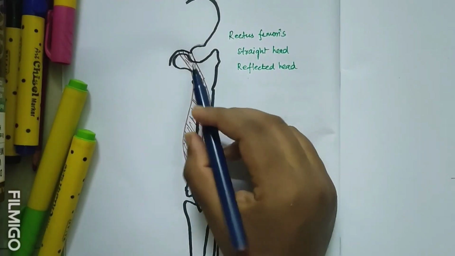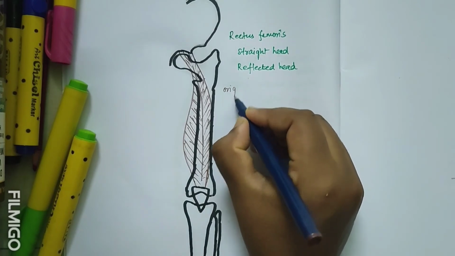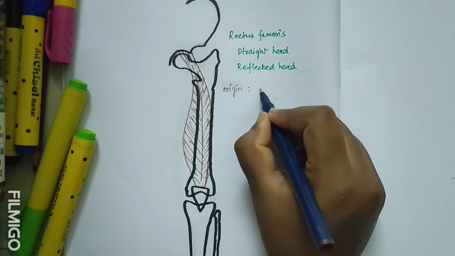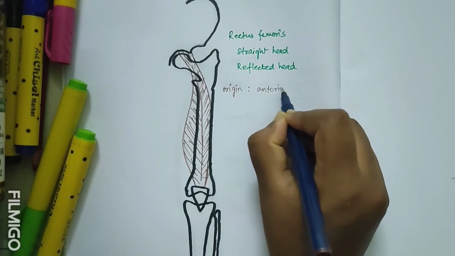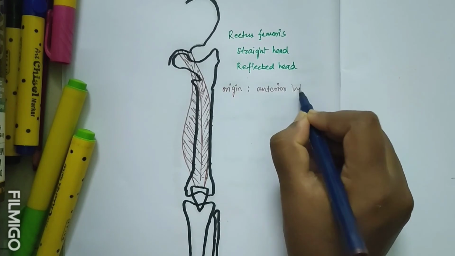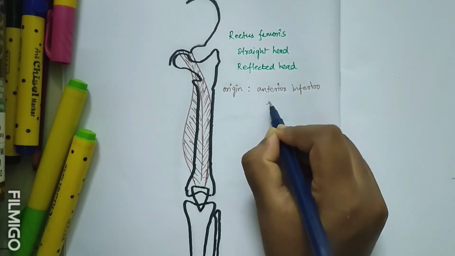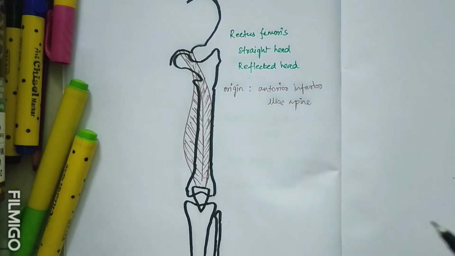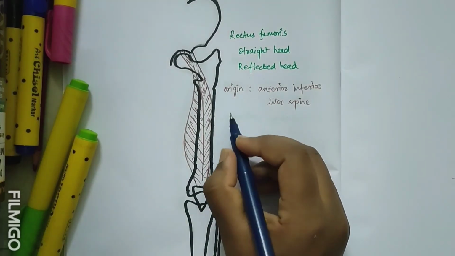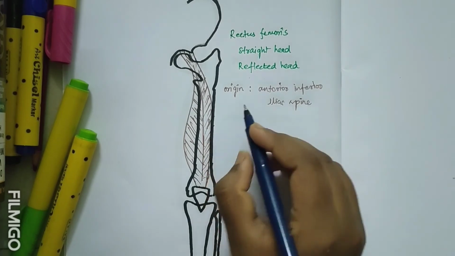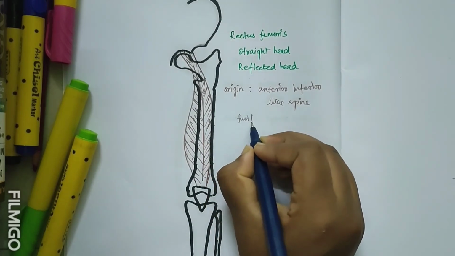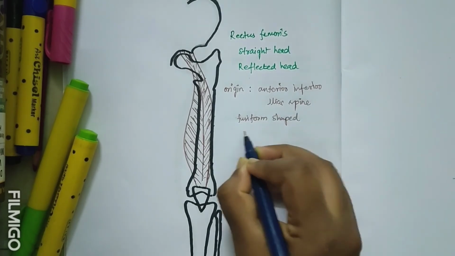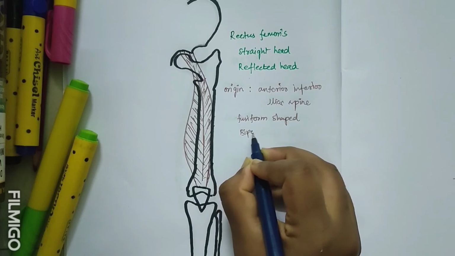Origin: straight head, anterior inferior iliac spine. It is fusiform shaped and bipinnate.